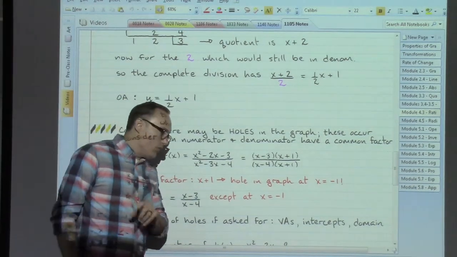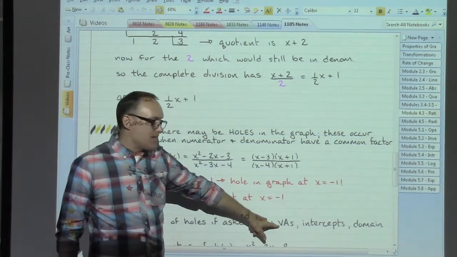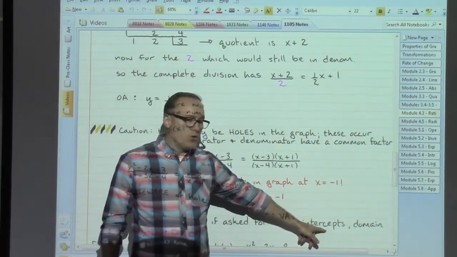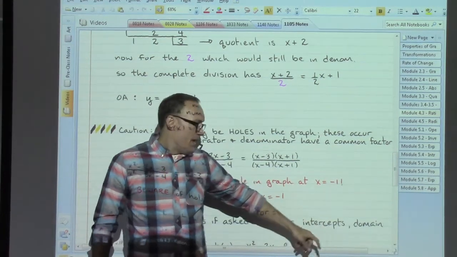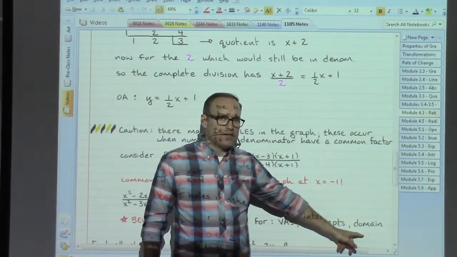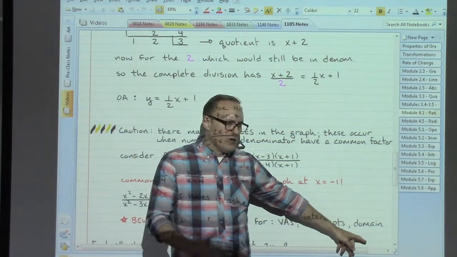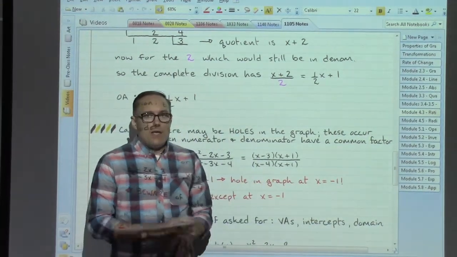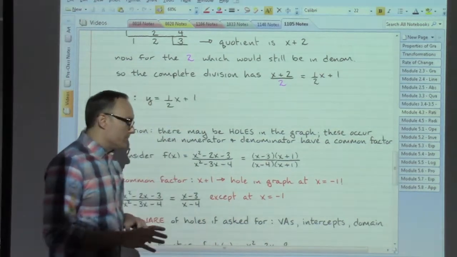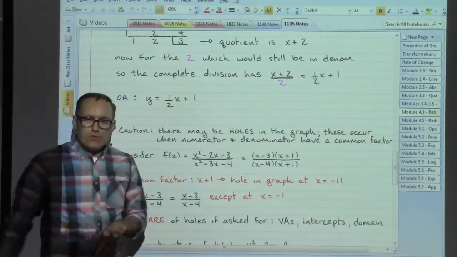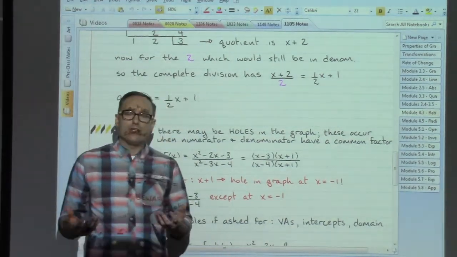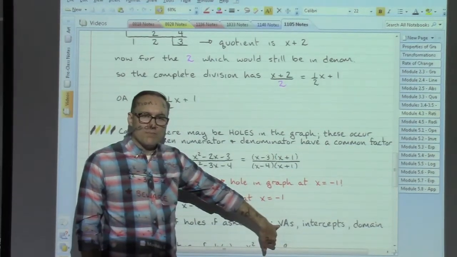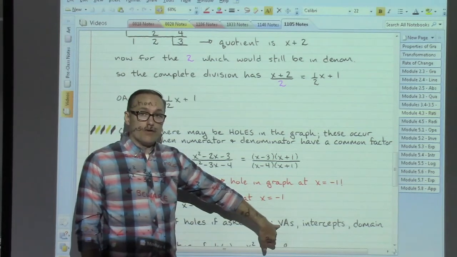We're going to worry about holes if they ask us anything about vertical asymptotes, going backwards to older stuff, intercepts, and going back even farther to stuff that we don't necessarily always rely on but could still be asked about, domain. We want to worry about finding holes with any of those sorts of things to make sure that we are not incorrectly trying to report something that is a vertical asymptote.